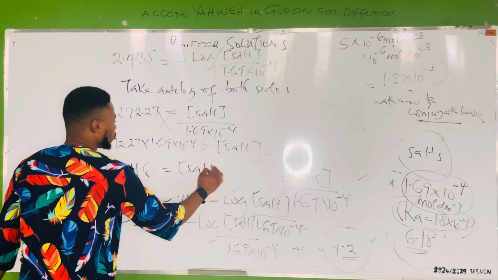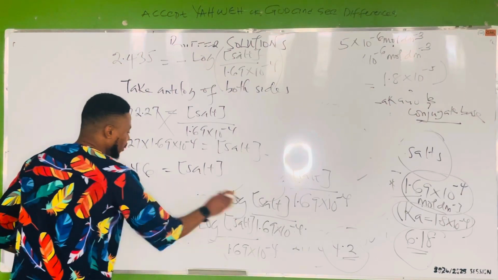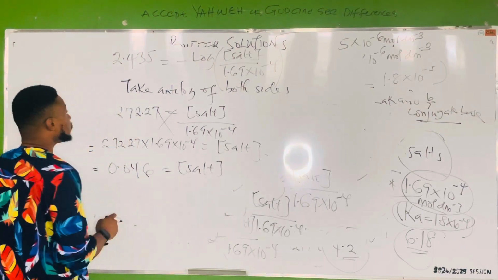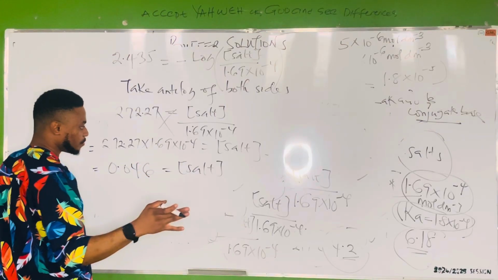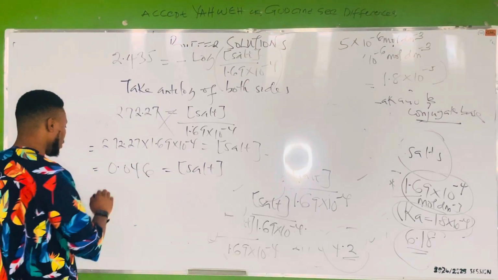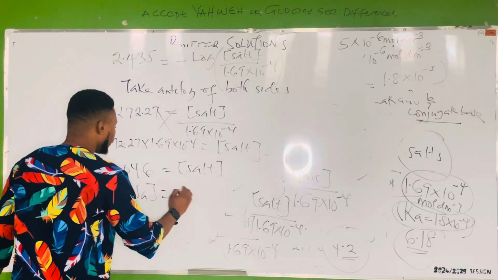That will be equal to the salt. Remember that the salt here is your conjugate base, which is your sodium formate, HCOONa, and it is 0.046.